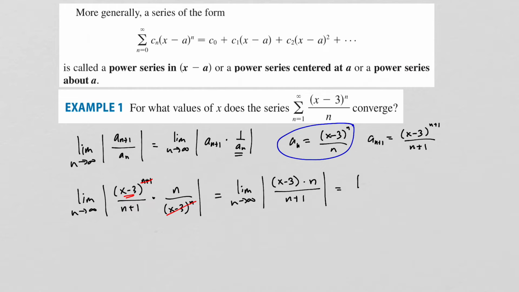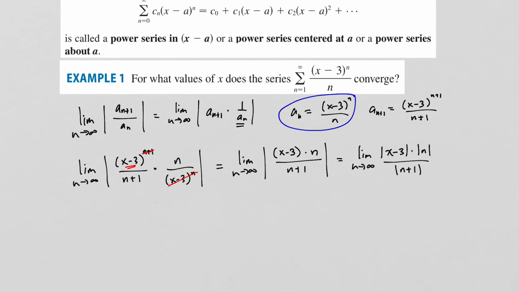Now technically what you can do here when you have the absolute value is you can apply that absolute value to all things in the parentheses since they are all multiplied or divided. So we can say the absolute value of x minus 3 times the absolute value of n divided by the absolute value of n plus 1.